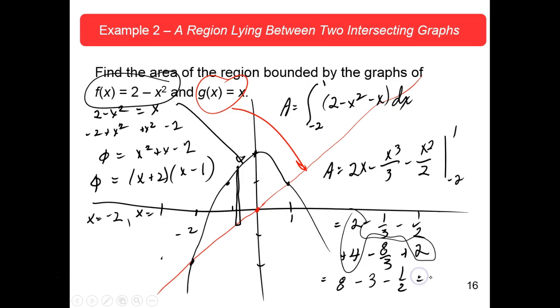So the 8 minus 3 is 5 minus 1/2, 4 1/2, which would be how many halves? 2 times 4 is 9 halves. Is that what you said? Please say yes. Okay. 9 halves. All right. There we have, yeah, 9 halves.